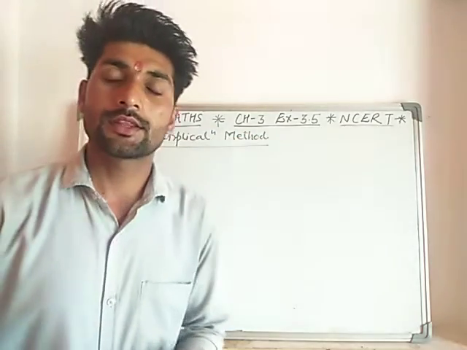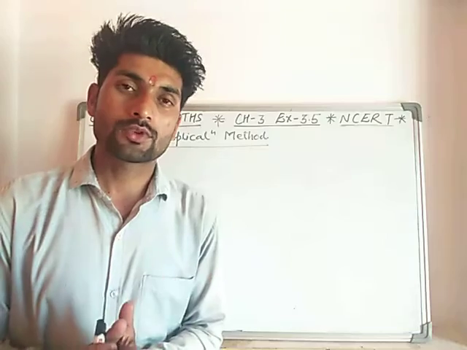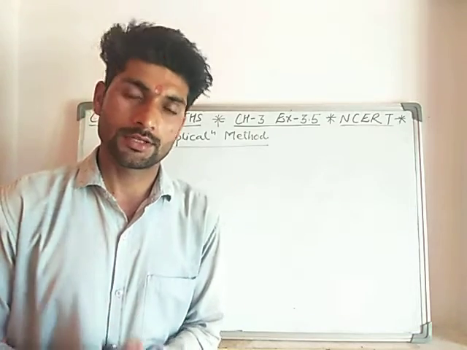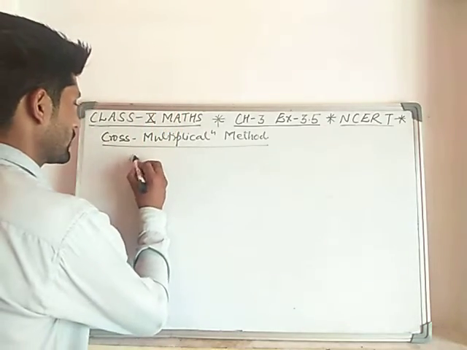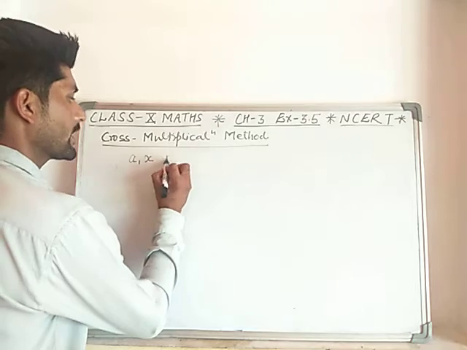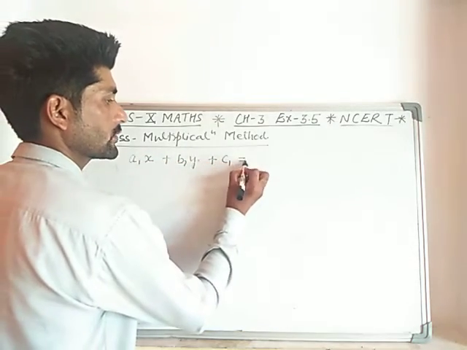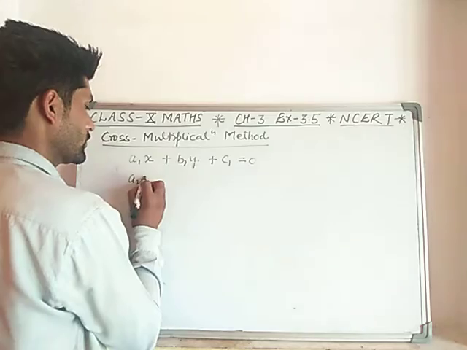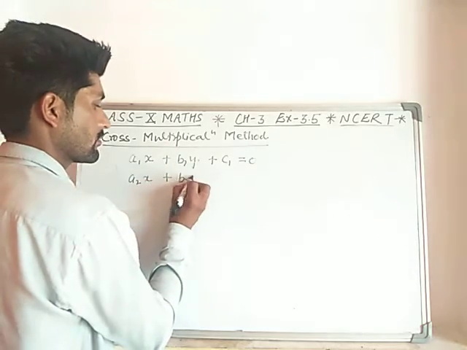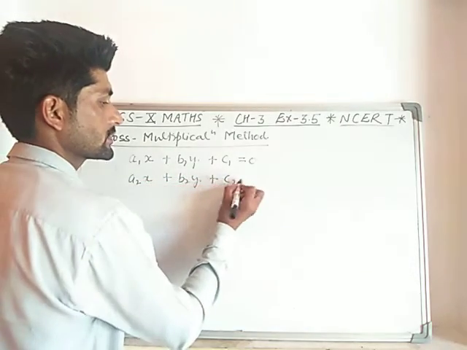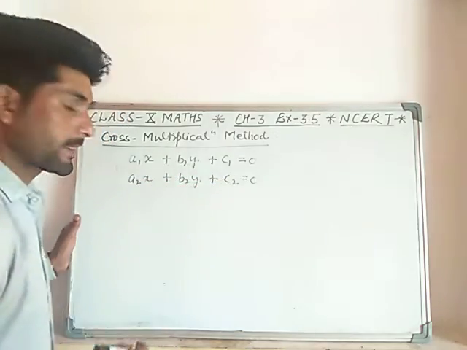So dear students, in this method we have to solve a pair of linear equations. A pair of linear equations is a1x plus b1y plus c1 equal to 0, a2x plus b2y plus c2 equal to 0.